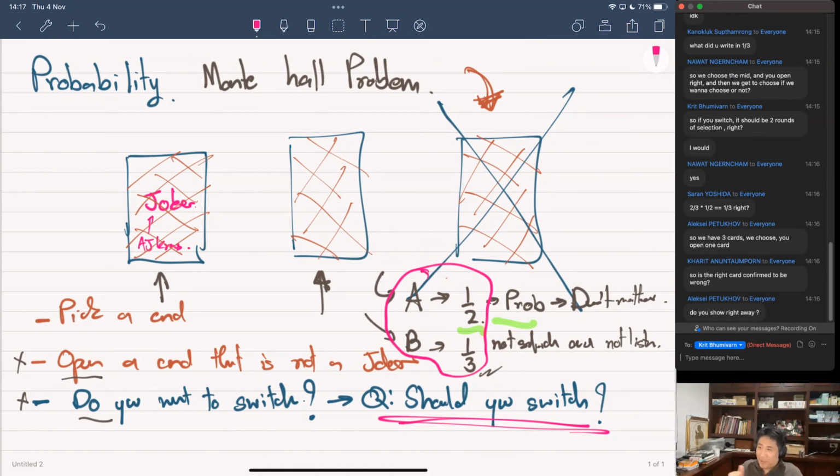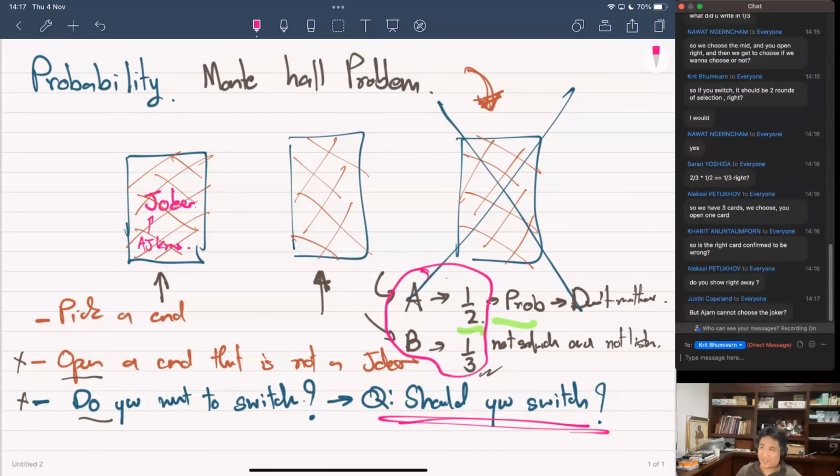So for example, if you pick the joker, then I have 2 choices for the non-joker card. Then it's clear you don't want to pick it because you want to pick the joker. Are you clear? So the question is, do you want to switch or not?